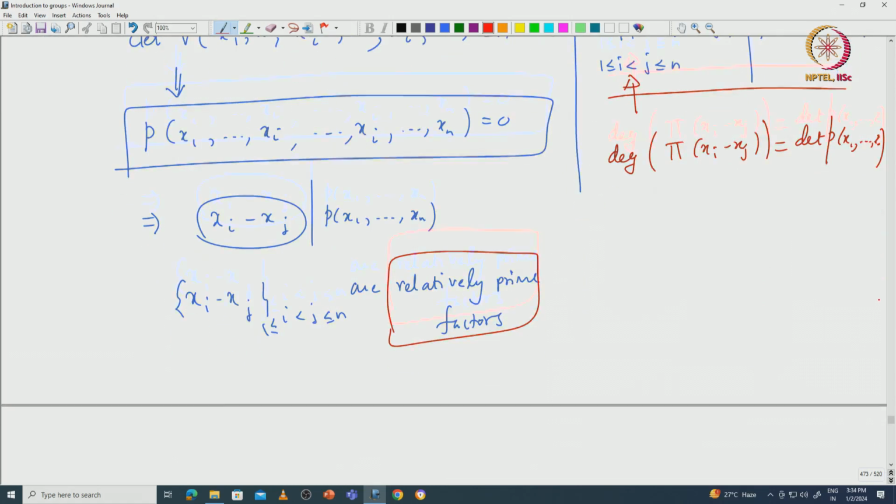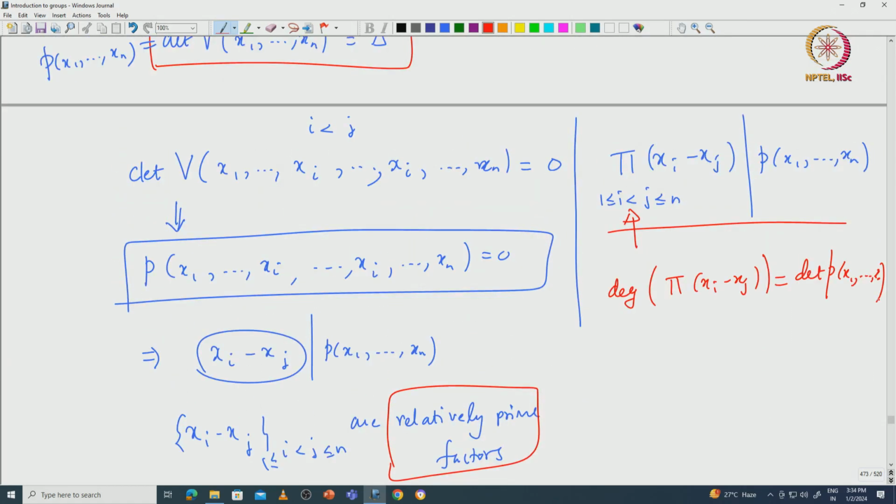Now because both the degrees are the same and one is a factor of the other, when you take the ratio it has to be some constant. Now you can see that both of them are actually monic polynomials, so the highest degree term will have constant coefficient 1. By matching that coefficient you can see that they must be the same.